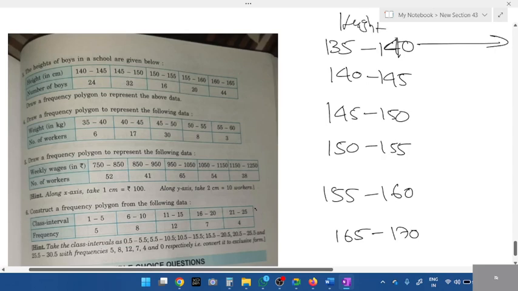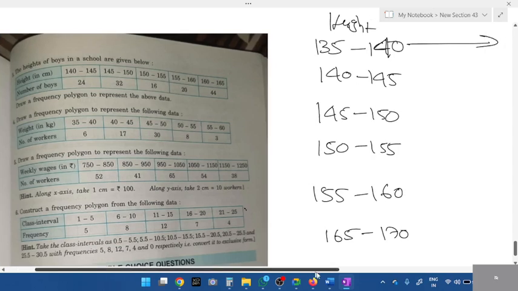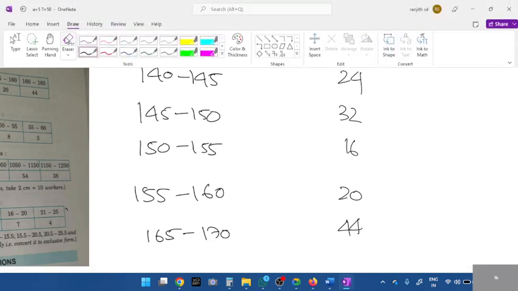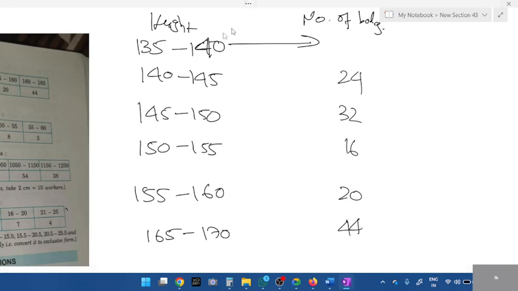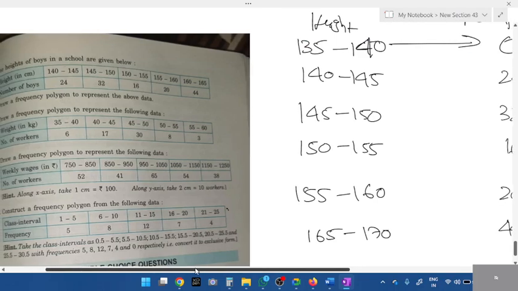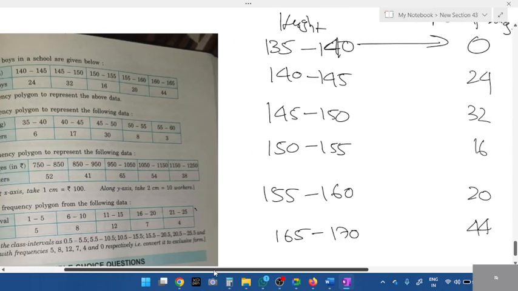Height and number of boys. 140, 145, 150, 155, 160, 24, 32, 16, 20, 44.